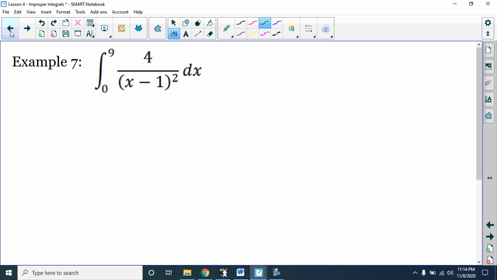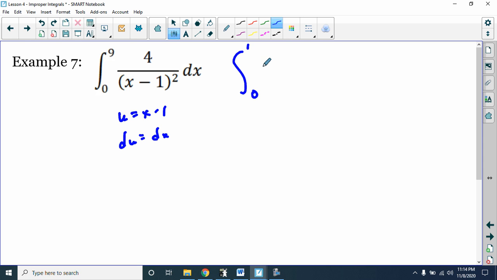So very similar problem here, but we're squaring instead. So again, u equals x minus 1, and du is dx. We do need to split this up. We have a vertical asymptote at 1.